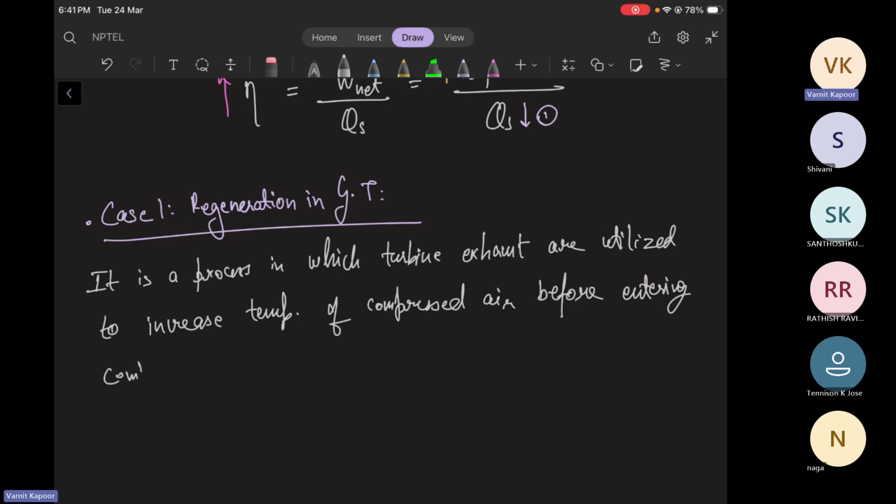Let me denote the combustion chamber by CC.